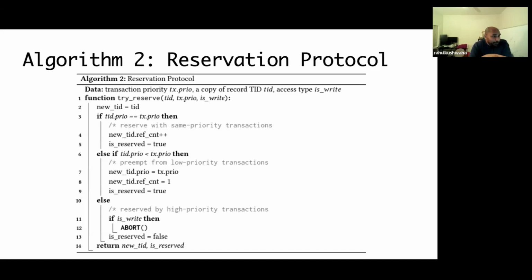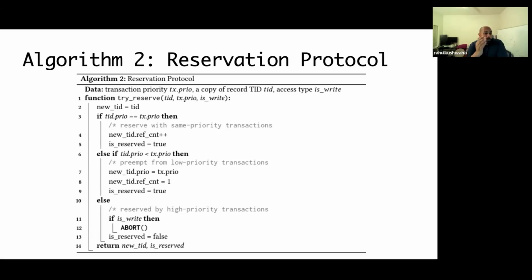So if we look at line 3, we make sure that if the reservation is by the same priority transaction, we increase the reference counter. Remember, in the transaction ID field, we have reference counter, priority, and so on. So if a same priority transaction comes in, we just increment the reference counter.